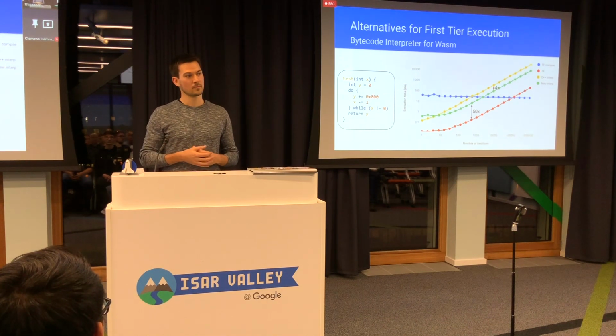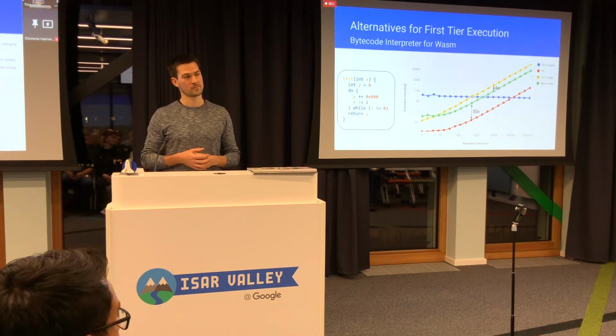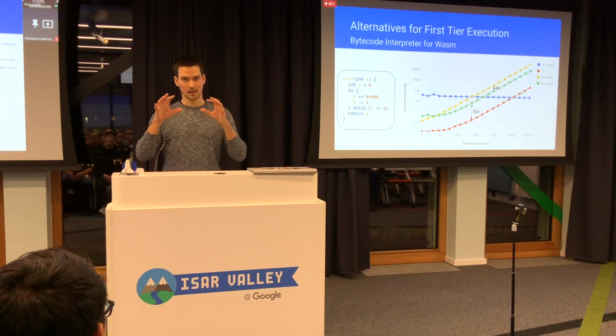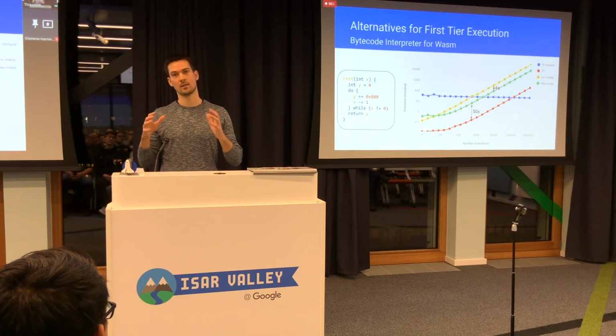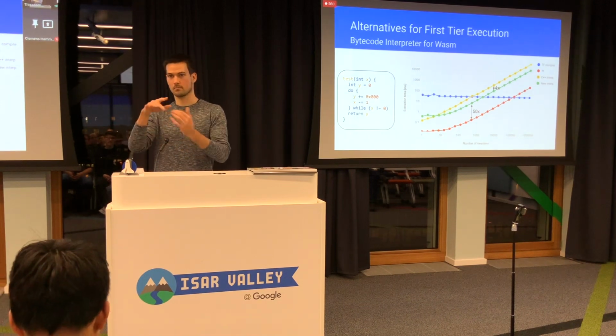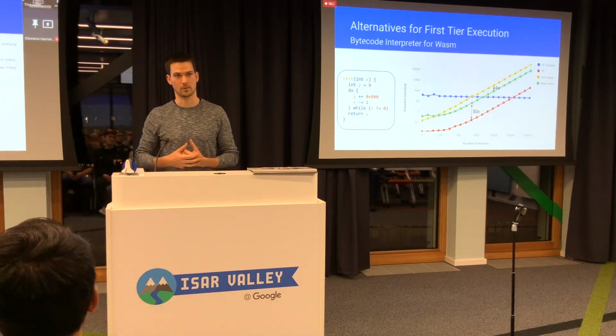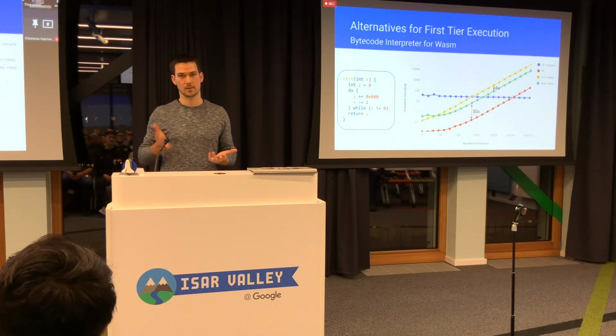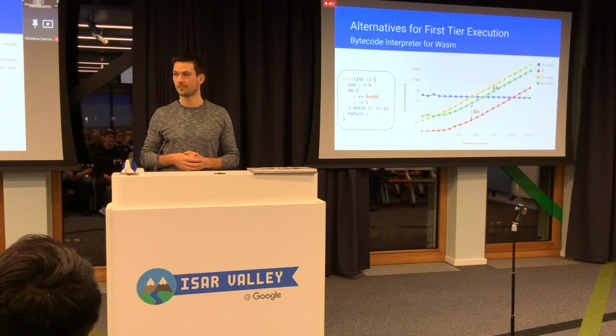It's a domain-specific language just to generate code. It allows us to define each single handler in a platform-independent way, and then we compile it with TurboFan into machine code, and then we use this machine code for the dispatch table. So all pointers to these different functions are placed in the dispatch table.